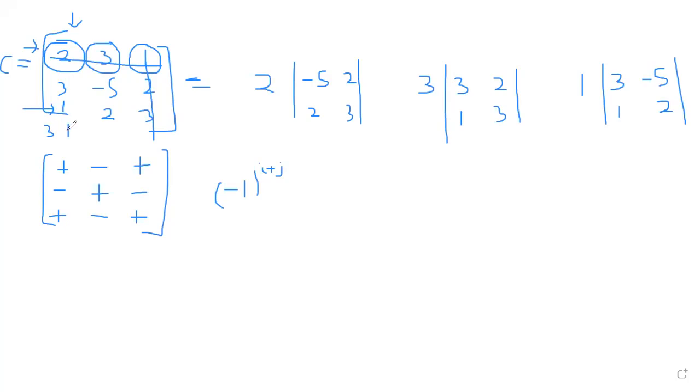So 3 plus 1 will be 4. -1 raised to the power 4 will be positive. So that is how we get the signs. Now, because this 2, 3, and 1 fall within this sign pattern, we bring the signs that precede them in the sign matrix here. So we have plus, this is minus, and then this will be plus.